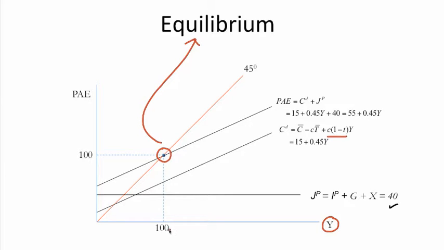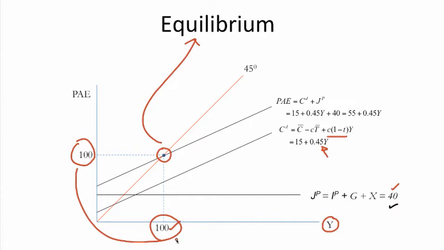Should the economy's GDP or aggregate income be equal to 100 units, then taking into account both the exogenous spending plans of firms, government and foreign residents, and also taking into account household spending plans, which are influenced by what the flow of income is, then in total the economy's planned aggregate expenditure will also equal 100.